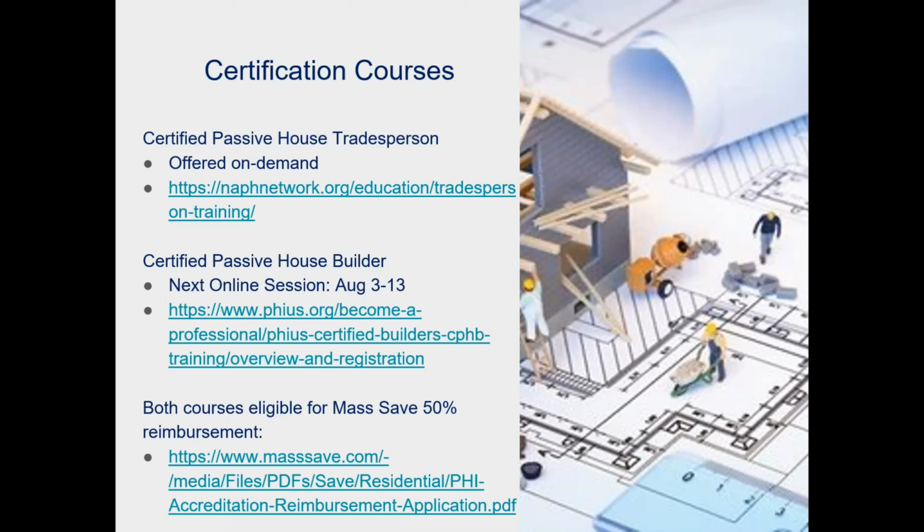The next one is starting August 3rd. You can register through these links or just see more information about them. There is that 50% reimbursement through Mass Save. You can see information in the application for that down there. I highly recommend these courses, especially now that they're online with the flexibility to take them when you can. And with that reimbursement, it's definitely a good time to take these courses.